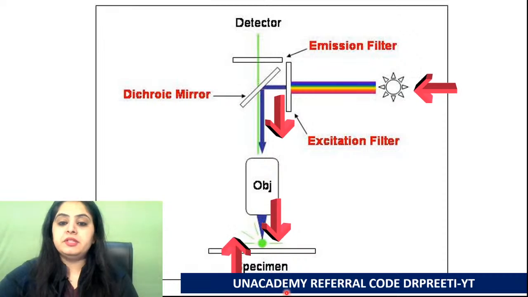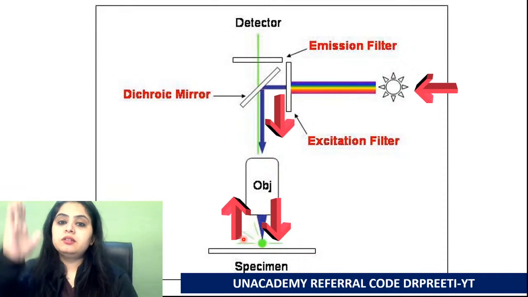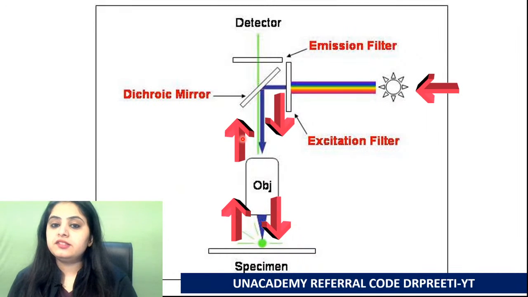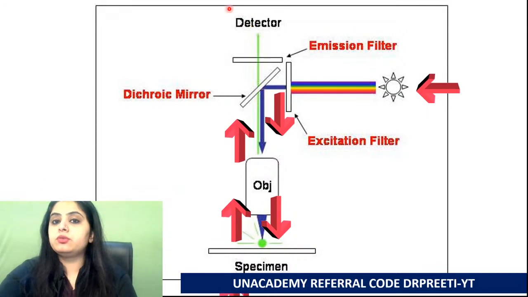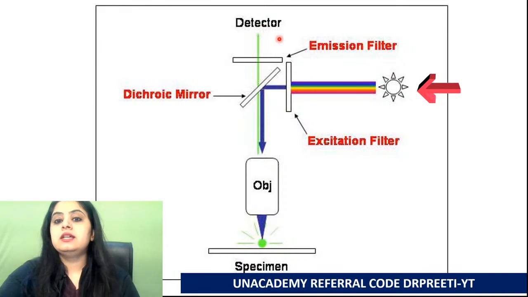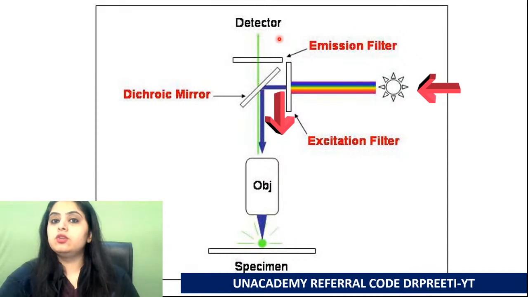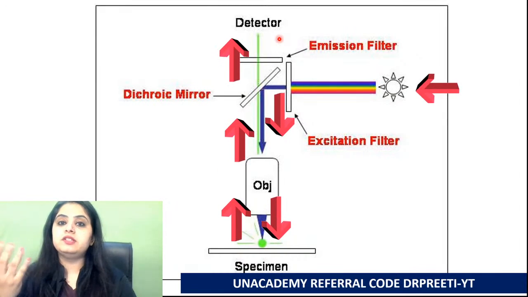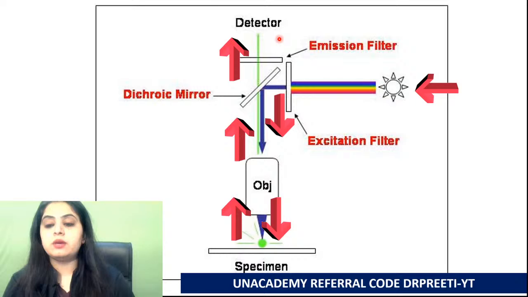After hitting the specimen, the light is projected back, passes through the dichroic mirror and comes to the detector. So let's see this again. First you have a light, it goes via the excitation filter and hits your specimen. The specimen reflects the light back and that comes to your eyes, and that is why you see that fluorescence, and that is the GIF that I was showing you.